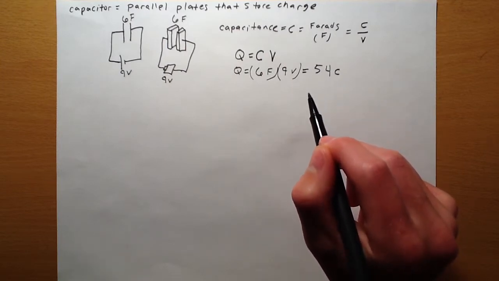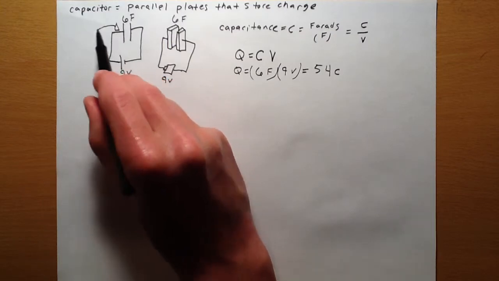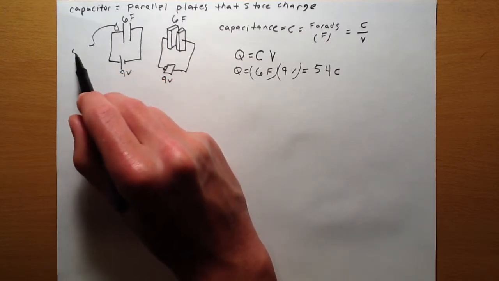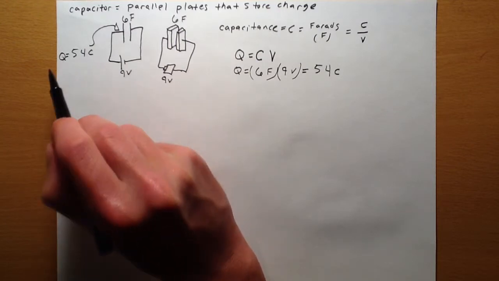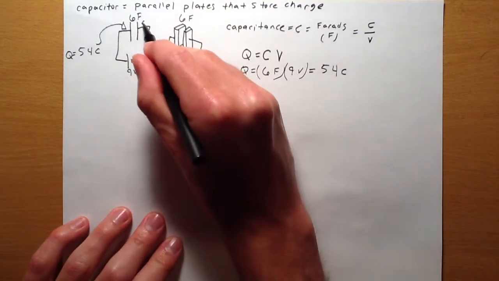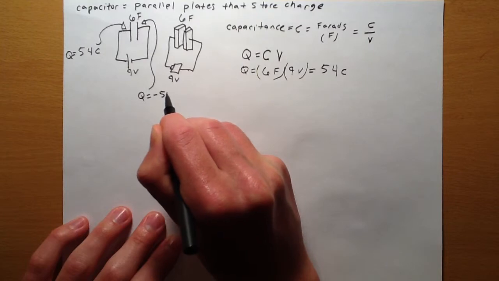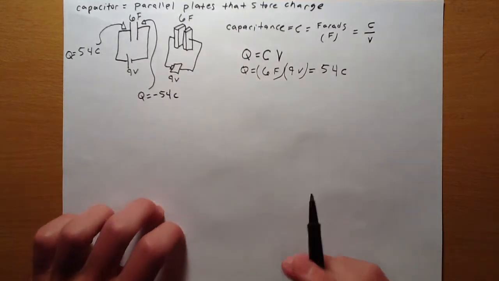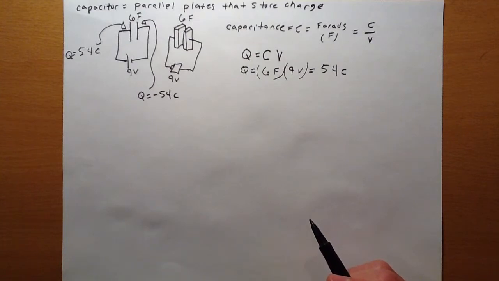Now what does that mean? This means that on this plate we have a charge of 54 coulombs. And on this plate we have a charge of negative 54 coulombs, because we know that when a positive charge is created, an equal negative charge is also created.